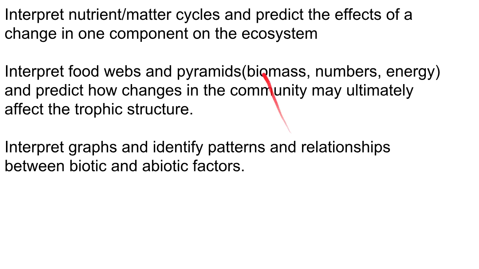So ultimately with this, it's important that you can interpret nutrient cycles, and predict the effects of a change in one component of the nutrient cycle on the rest of the ecosystem. You need to be able to interpret food webs and pyramids and predict again how changing one part of the community may ultimately affect the trophic structure or the whole web and how things interact with one another on an eating and energy basis.